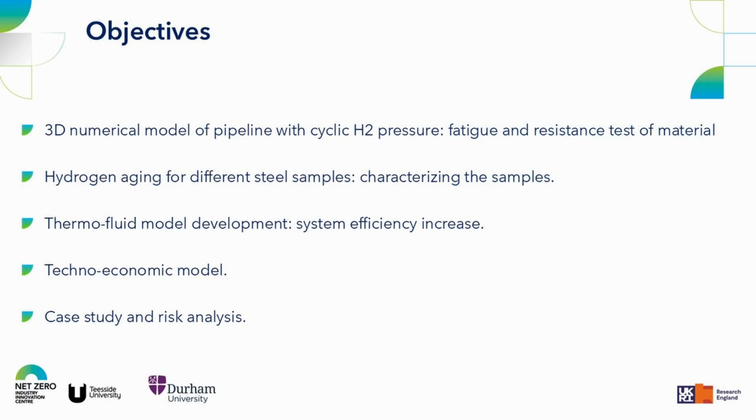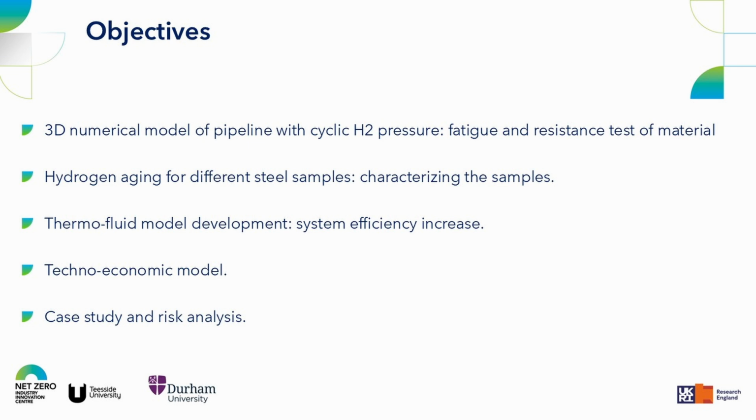Our objective is to analyze the model numerically, with CFD analysis, and we have to produce a 3D model of the pipeline where hydrogen is stored. Our second objective is the test sampling, because we're using hydrogen, and hydrogen with steel or any other material has some different interaction compared to air with the pipeline.